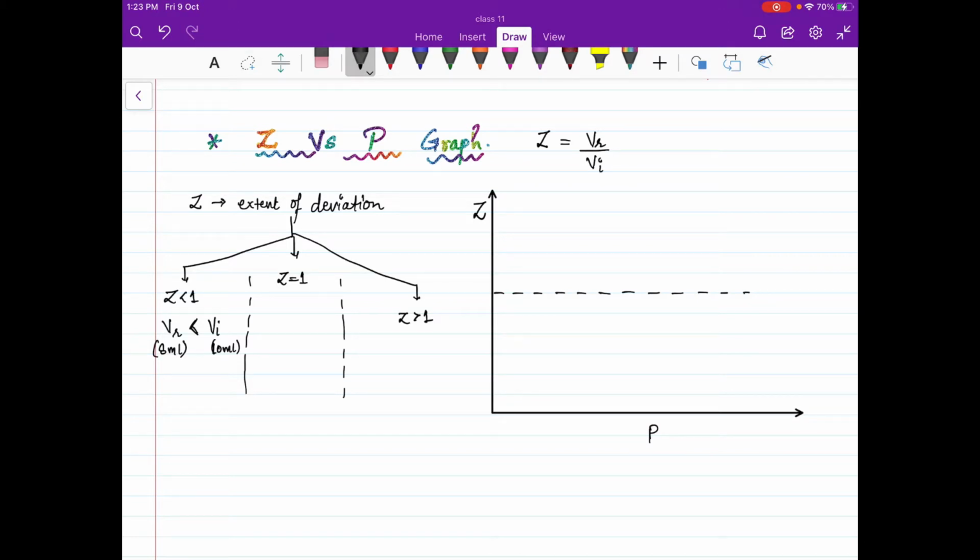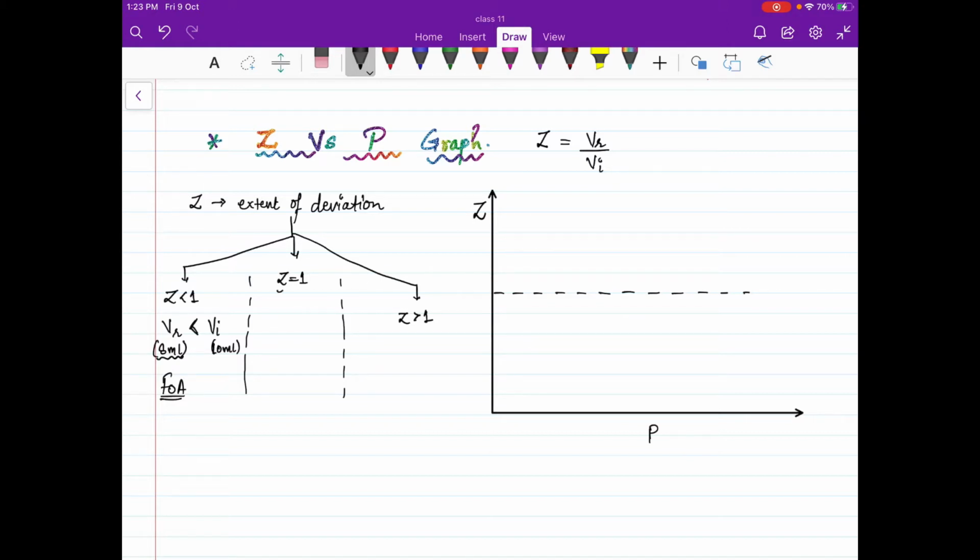Now, when will this happen? When there is more force of attraction between the gaseous particles. You are expecting 10 ml, but you are getting 2 ml lesser than the expected volume. So that means the gaseous particles have force of attraction between each other.